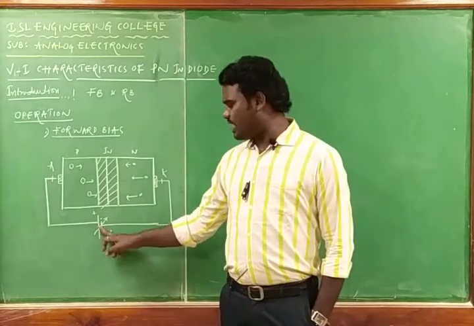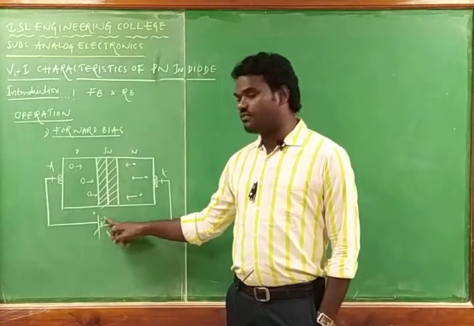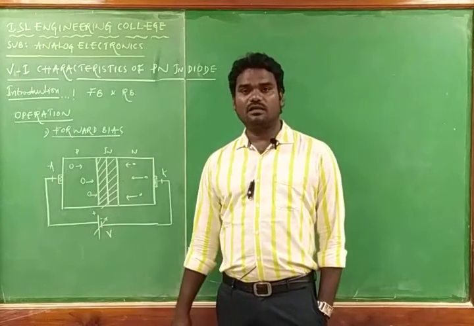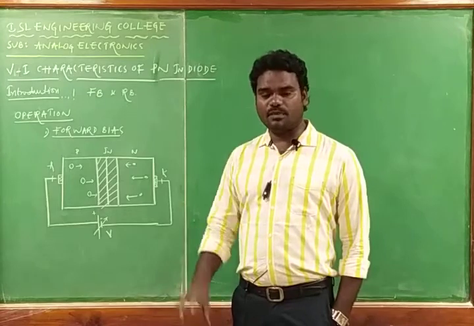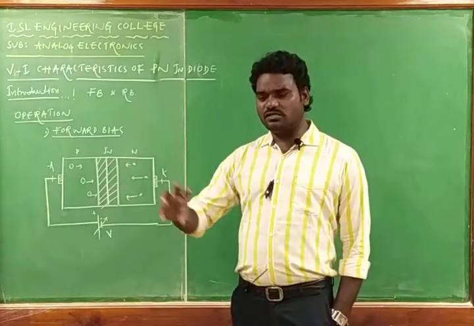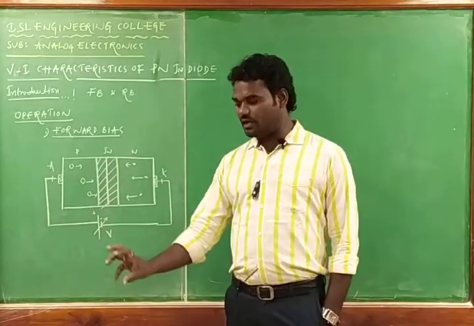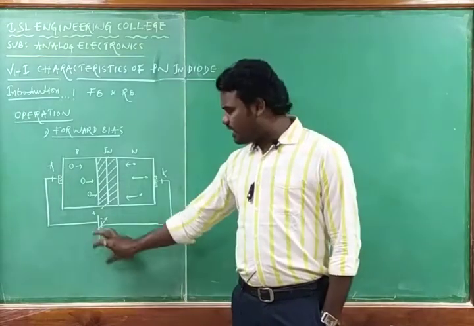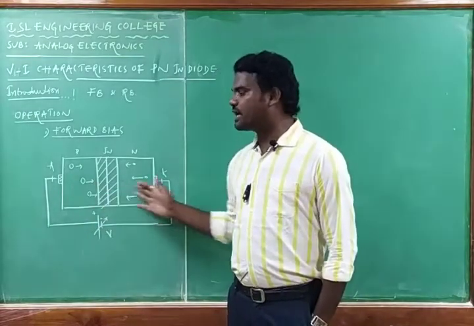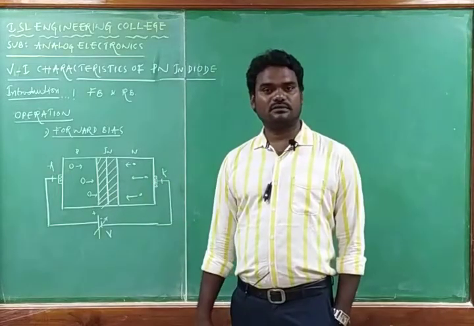But here the applied voltage is a variable voltage, with a range from 0 to 5 volts. According to our requirement, we can vary this voltage. By varying this voltage, we have to study the current through the semiconductor.